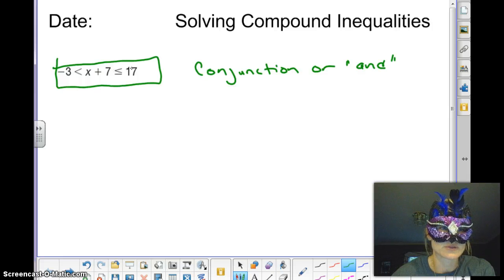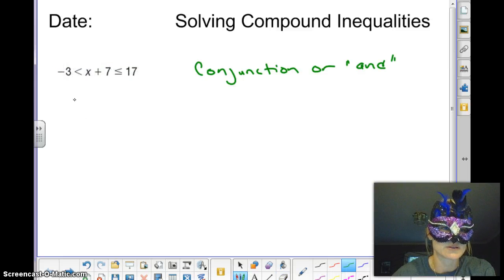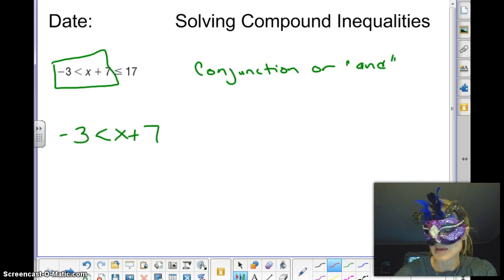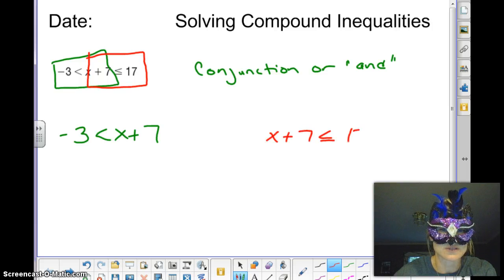Now this is set up really funny. So in order to solve this, we're going to basically separate this into two problems, okay? I'm going to look at it as this problem, which we'll write down as -3 is less than x plus 7. And then I'm going to use this as part of a problem. So I'm going to rewrite that over here as x plus 7 is less than or equal to 17.